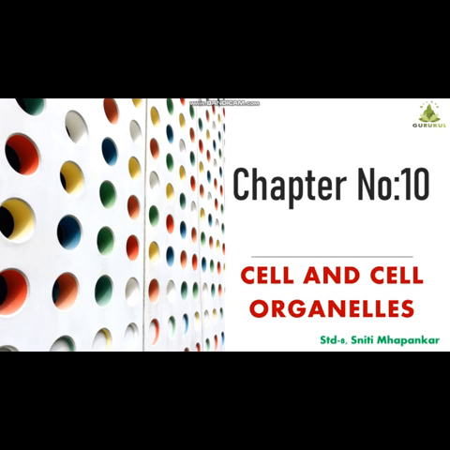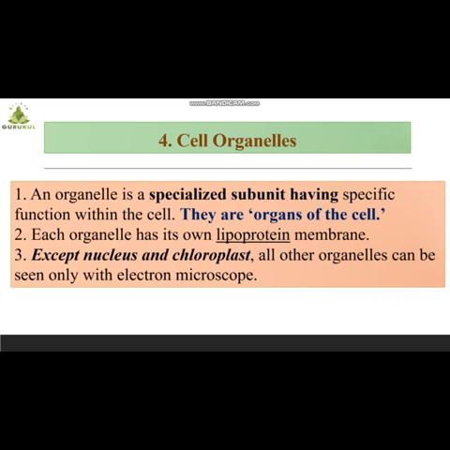We are learning chapter number 10, cell and cell organelles. The fourth subtype of components of the cell is cell organelles. Let us understand what cell organelles are. Students, an organelle is a specialized subunit having a specific function within the cell.